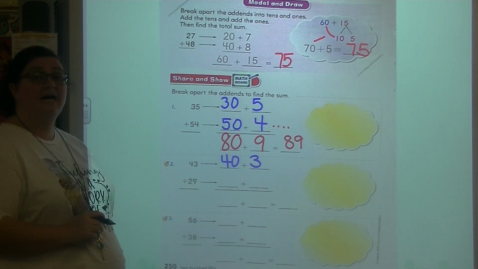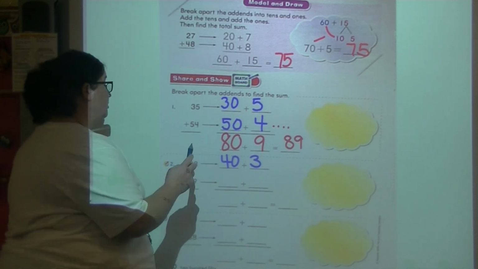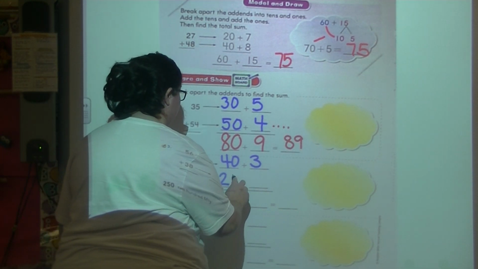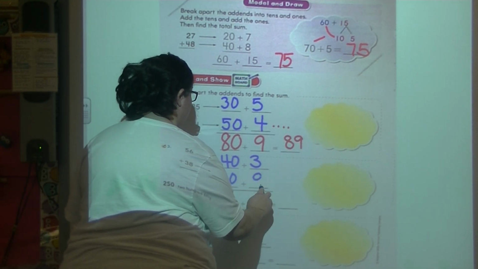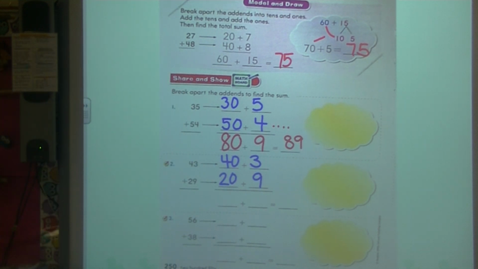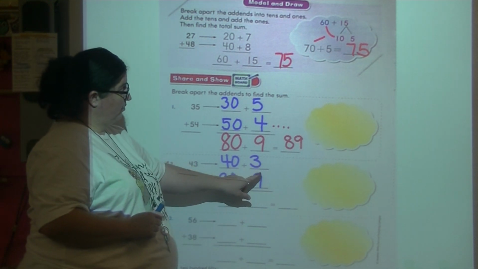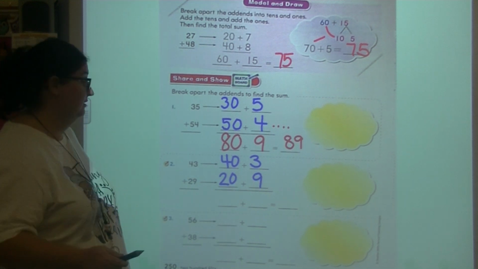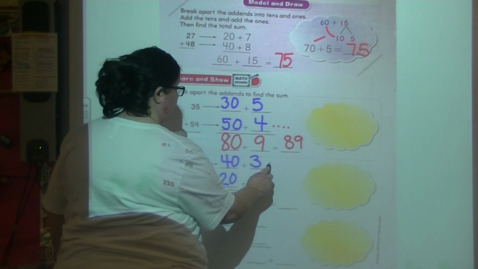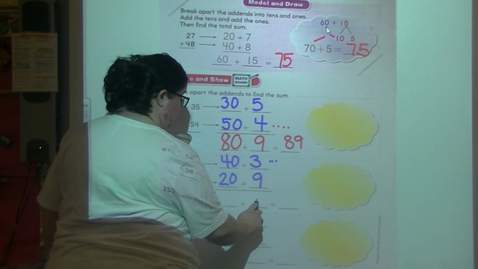All right, 29 equals 20 plus 9. Now we can add 3 plus 9. So put 9 in your head and count on 3. 9, 10, 11, 12.